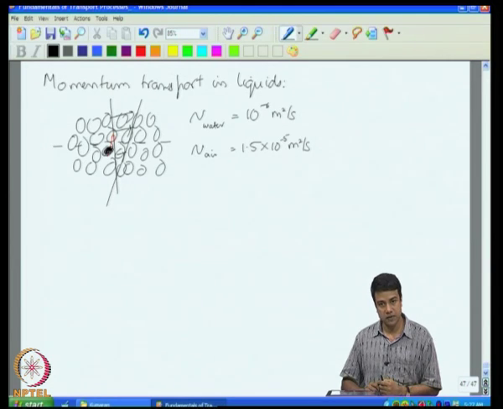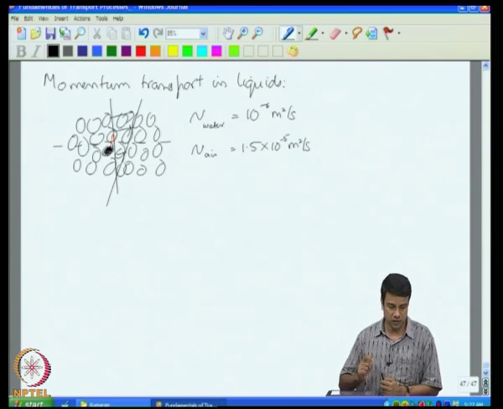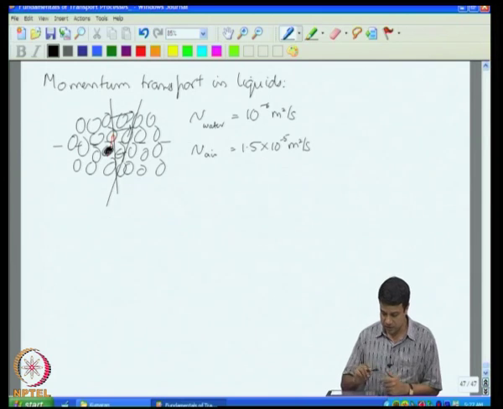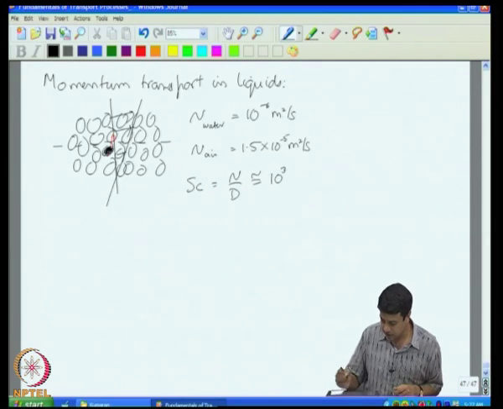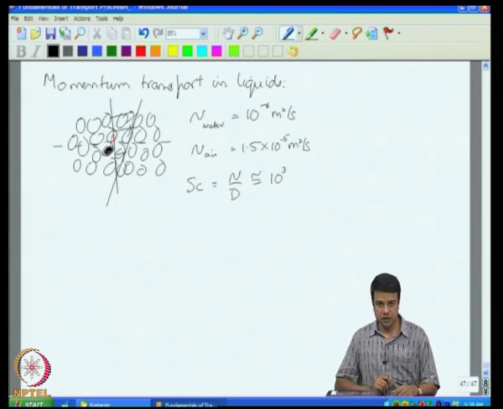However, the kinematic viscosity of liquids is much larger than the mass diffusivity of liquids. The reason is that for momentum to be transported, you do not need the physical transport of molecules across a surface; it is sufficient if forces are exerted by interacting molecules across that surface. Therefore, momentum diffusion is a much faster process, and the Schmidt number in liquids, nu by D, could be as high as 1000. So, momentum diffusion in liquids is typically much faster than mass diffusion in liquids.